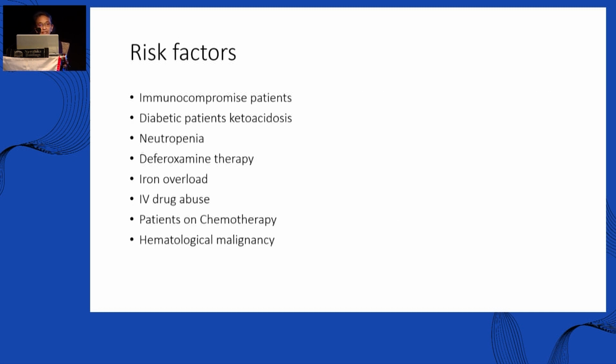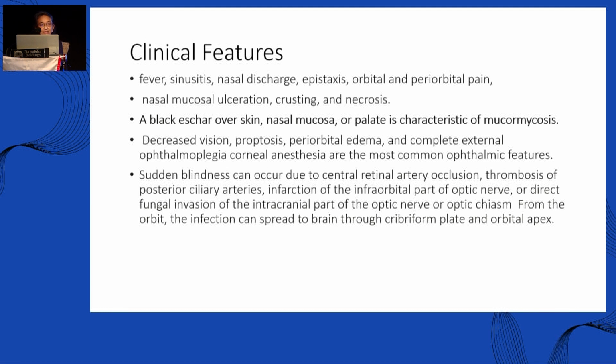The risk factors are: immunocompromised patient, diabetic ketoacidosis, deferoxamine, all these things I have listed. The clinical features: they will have fever, sinusitis, nasal discharge, epistaxis, orbital pain and all that. In addition, they can have nasal mucosal ulceration, crusting and necrosis, and blackish discoloration over the skin, nasal mucosa or palate. But this is not an early sign, this is a late sign.